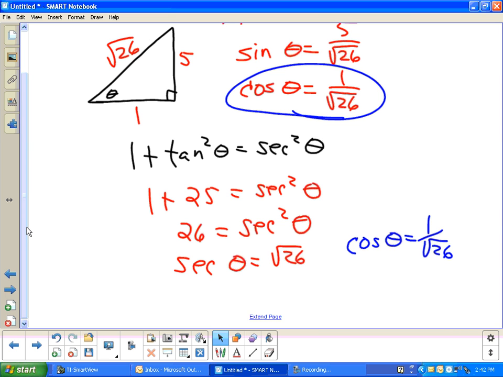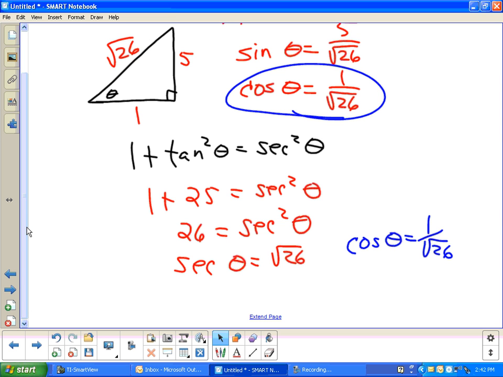Oh, questions on how I did any of this? Sure. So I started with this identity that seems like it's written in Greek, and it actually is. 1 plus tangent squared equals secant squared. Now, I gave you at the very beginning the tangent was 5, so I immediately replaced tangent squared with 25. I can add 1 plus 25, that's 26, and that's equal to this thing called secant squared.